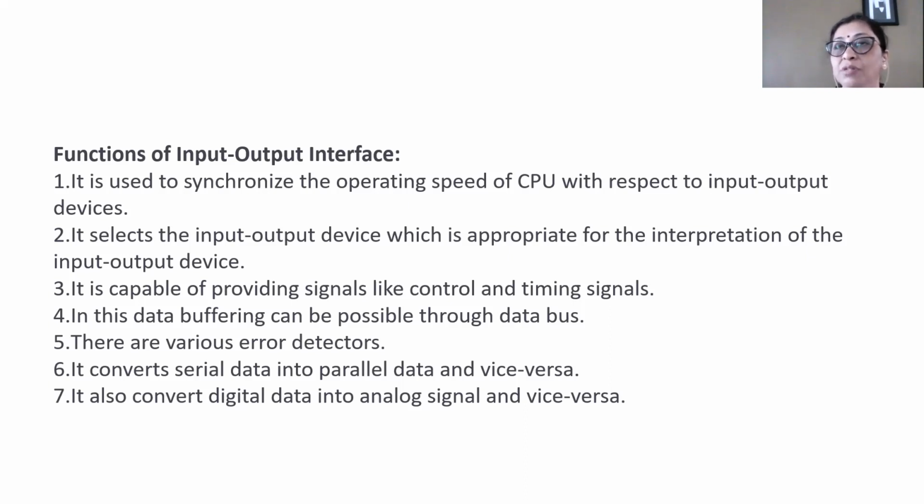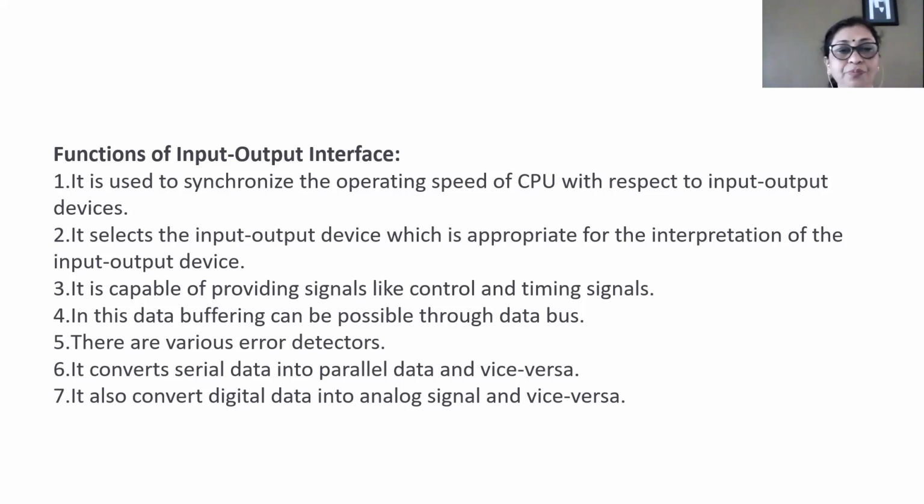And when central processing unit wants to communicate with such a peripheral device, it is going to communicate with digital signals, and these digital signals must be converted into analog signals. So this conversion of digital to analog and analog to digital is also performed by your interface unit, which is present between input output device and central processing unit.